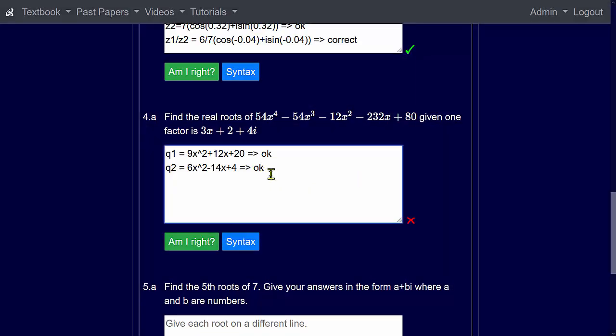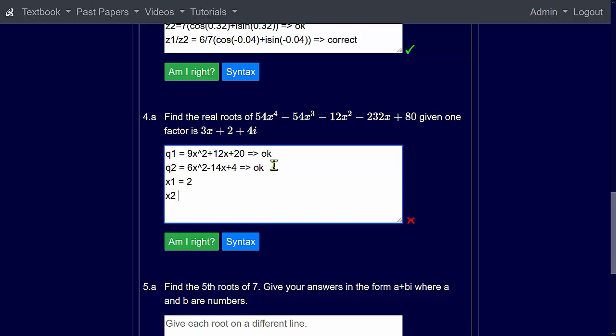Okay, so now we've got to factorize that. So 6x squared, so that's like 3x squared minus 7x plus 2, which is going to give us x1. x1 is going to equal 2, and 3x minus 1 is going to be a root, isn't it?